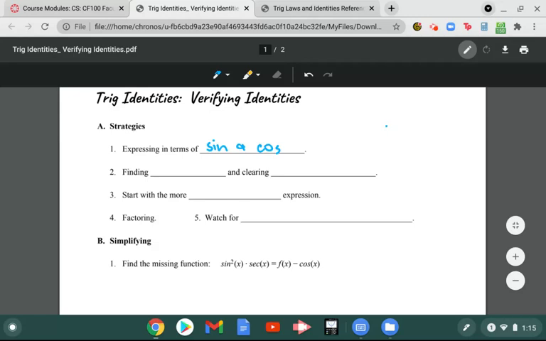So we really want to be able to find common denominators. I'm just going to abbreviate that as LCD, lowest common denominator. And we also want to clear those denominators. If you're familiar with the term complex fraction, we want to be able to clear those complex fractions. We don't want fractions inside of fractions.